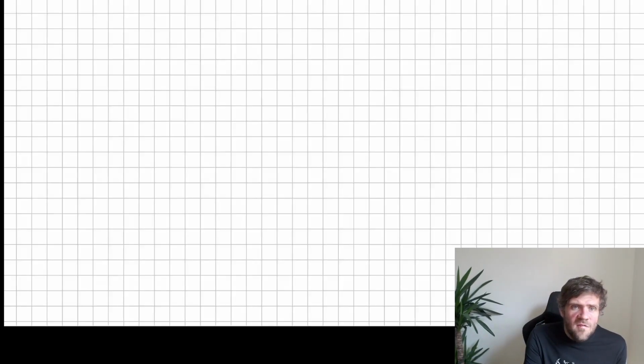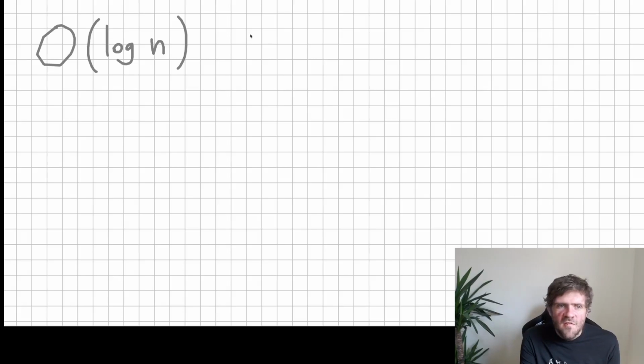So a couple of notes. If we have an algorithm which with the length of our input, which is often thought of as a number of digits, scales something like O of log n, then that's a pretty awesome algorithm. O of log n, not so bad.